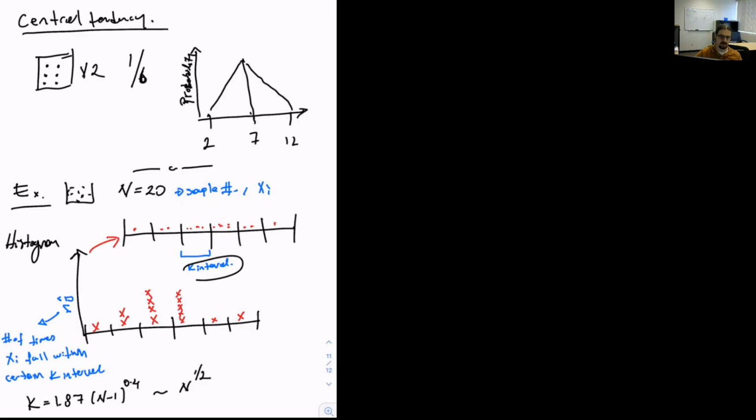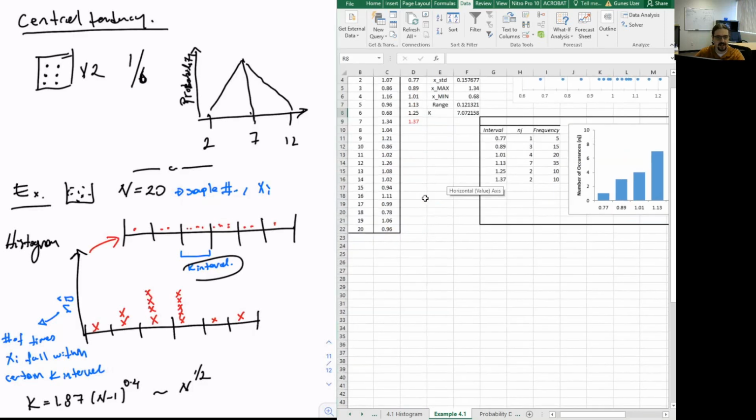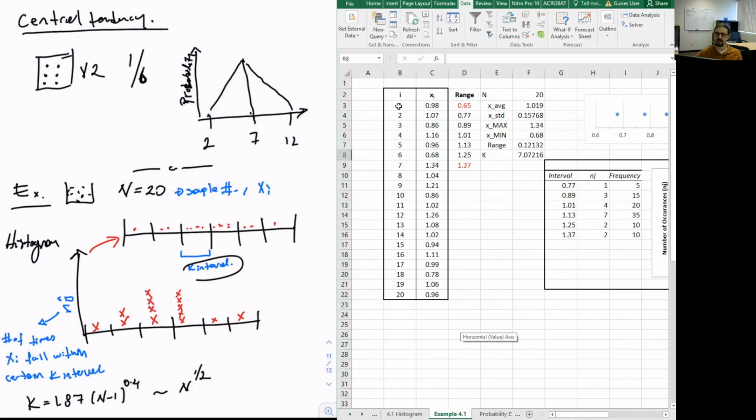So let me go to an example and do this on an example, because that will be so much easier for you to deal with. Let's open our example screen here. Let's say I had 20 measurements, numbered 1 to 20.